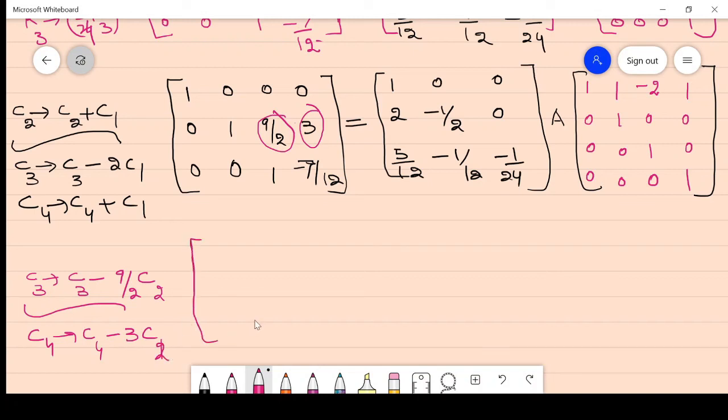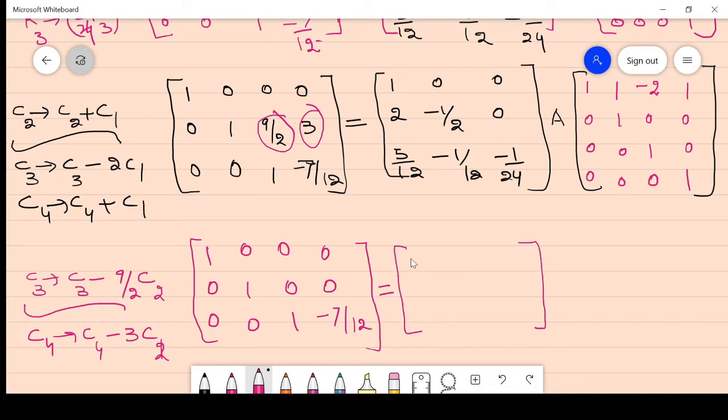So this matrix will become 1 0 0 0, 0 1 0 0, 0 0 1 0 and minus 7 by 12. So there is no effect on this matrix.